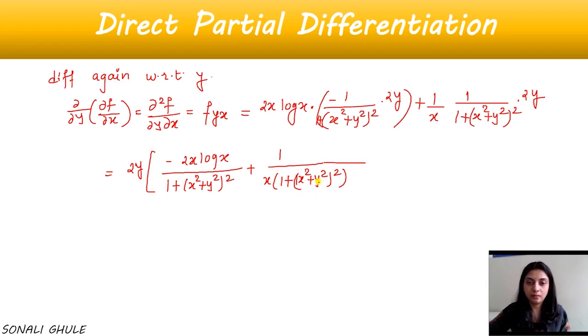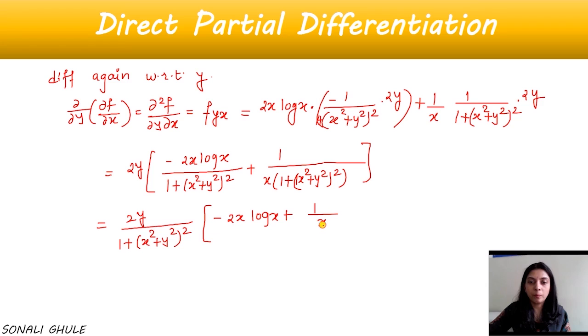This is the result after taking 2y common. Now here the denominator is the same, but here it is x, so I can take this denominator common, 2y upon 1 plus x square plus y square whole square, and what is remaining then? Minus 2x log x plus 1 upon x, right?